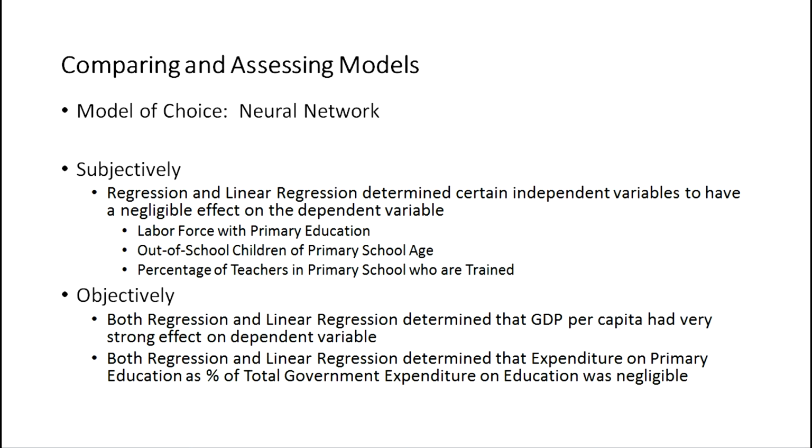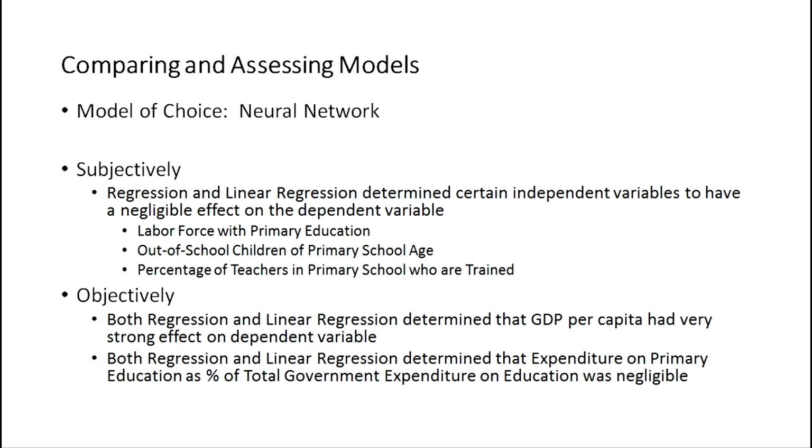Now, objectively speaking, both regression and linear regression determined that GDP per capita had a very strong effect on the dependent variable. And then both regression and linear regression also determined that expenditure on primary education as percentage of total government expenditure on education was negligible.